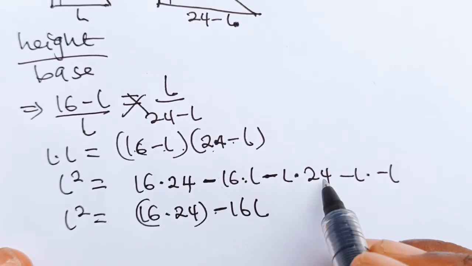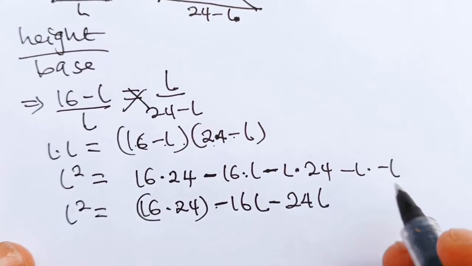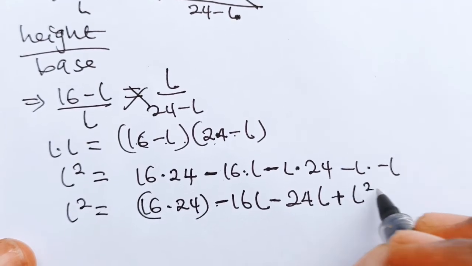Then minus L times 24 is minus 24L, and minus L times minus L is plus L squared.